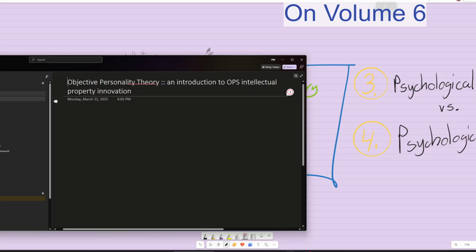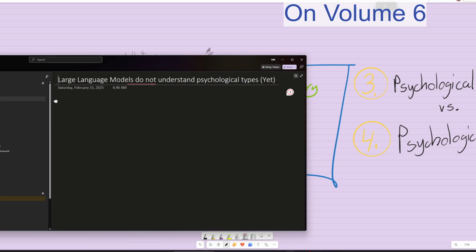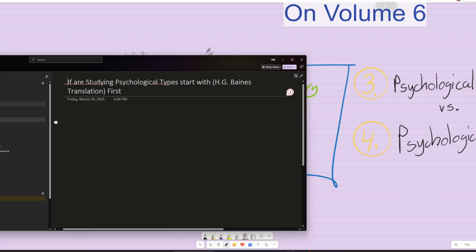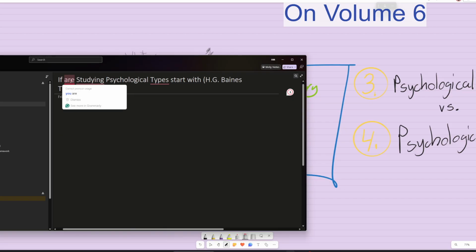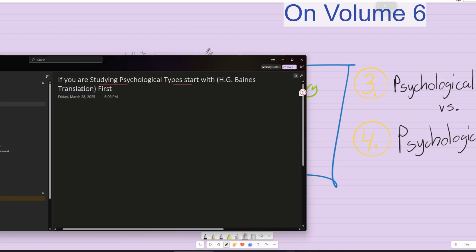Next, objective personality theory and introduction to OPS intellectual property innovation. Large language models do not yet understand psychological types yet. If you are studying psychological types, start with the Helton Goodwin Baines translation first.